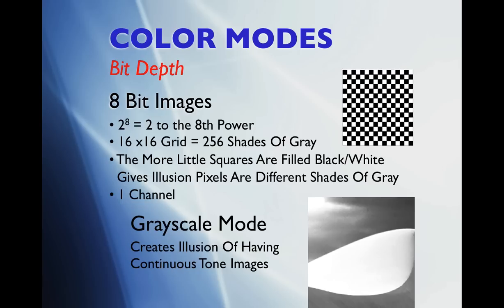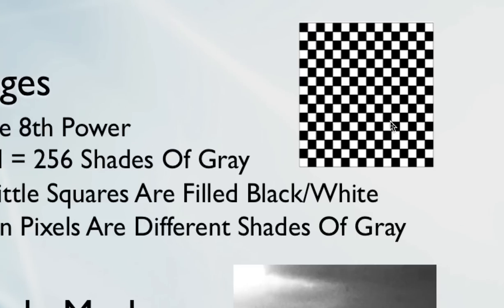Now, the deal here is that somebody along the way figured out that we could take each pixel, and instead of the entire pixel being pure black or pure white, we could break that pixel down into a much smaller grid of pieces, parts, if you will, and that is a 16 by 16 area, a 16 by 16 grid.